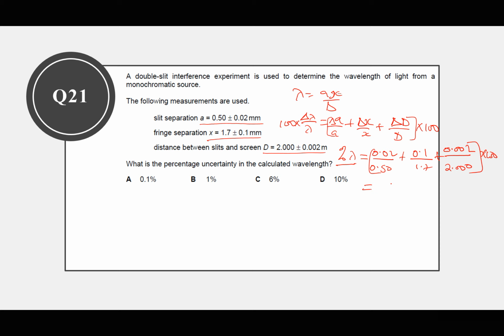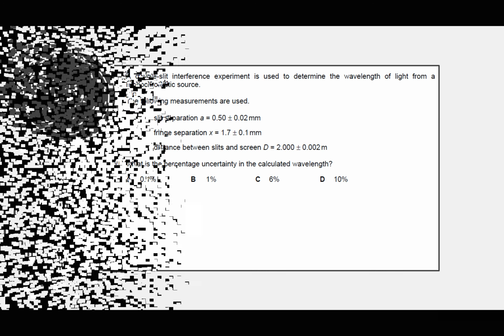So this is giving 9.98%, which is approximately 10%. So this makes D as our answer. I hope that is fine. Let's continue.